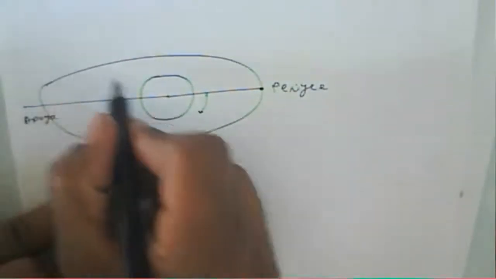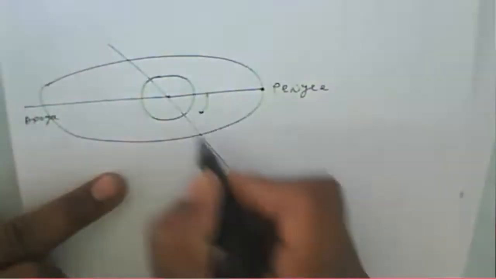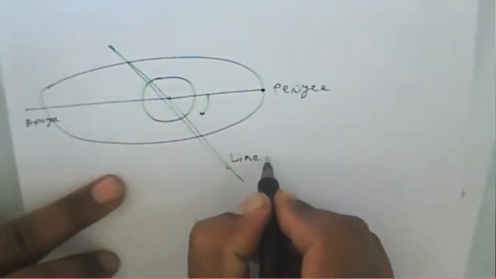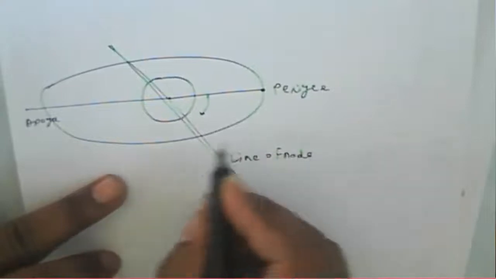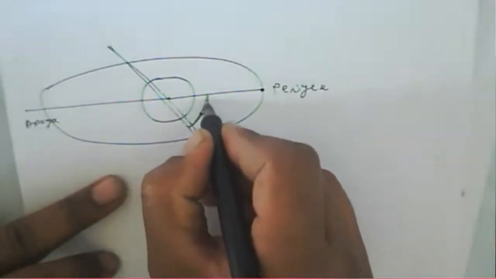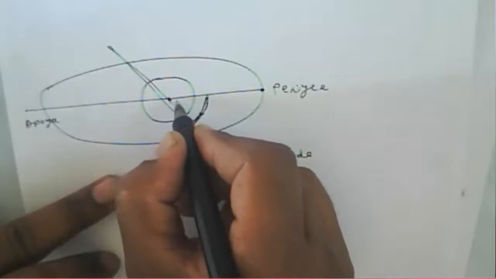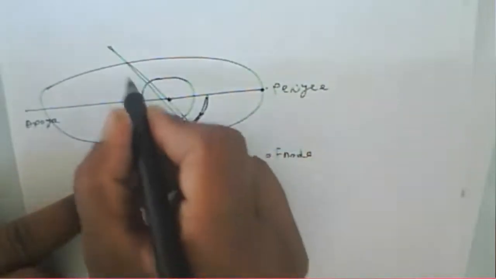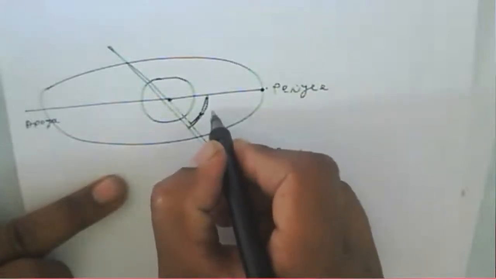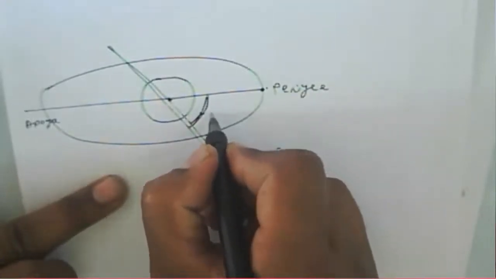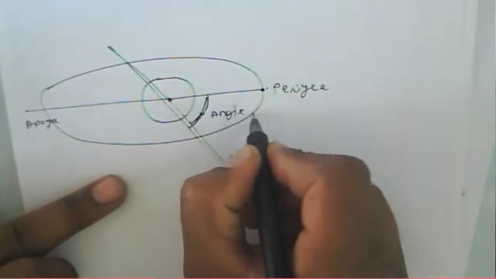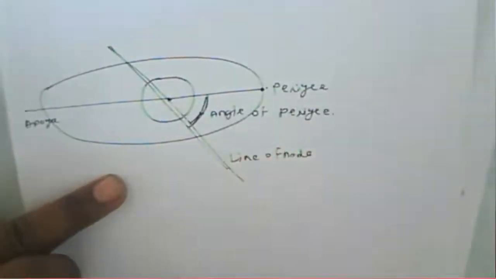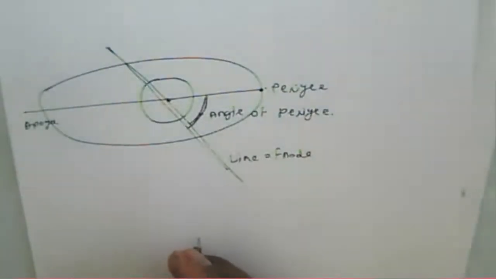Now from this perigee, where we have the equatorial plane, this is supposed to be the line of nodes. The line from the center of the Earth to the perigee point, together with this line of nodes, gives the angle of perigee.